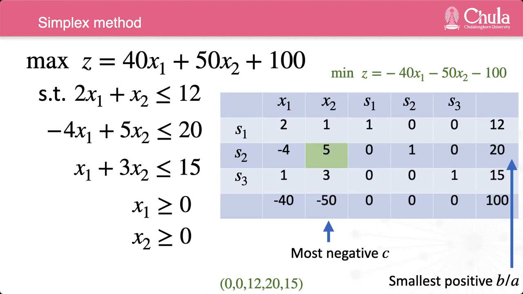Okay? Our objective function is 100. Remember that we always start from a basic feasible solution, and this point, x1 is 0, x2 is 0, and s1, s2, s3. This point is feasible. It's okay.